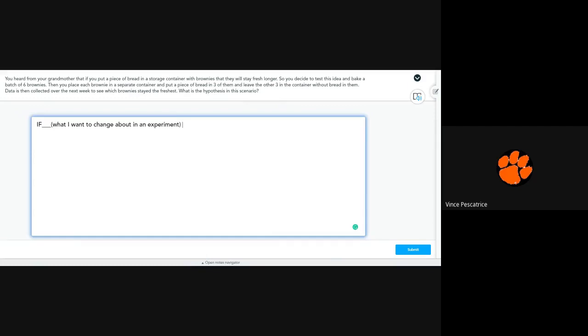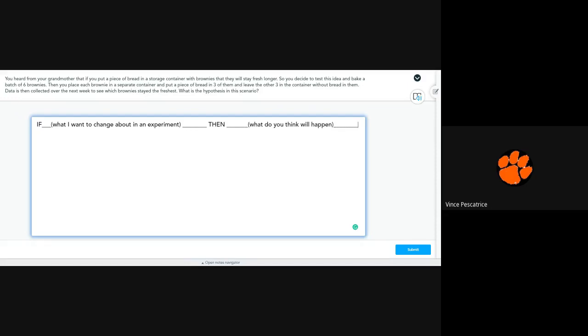What do you want to change in an experiment? That goes there. Then, what you expect to happen. That's how a hypothesis looks.